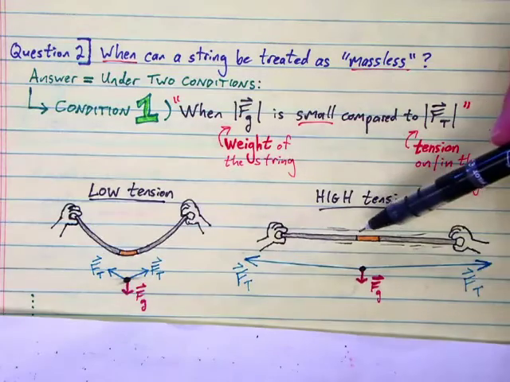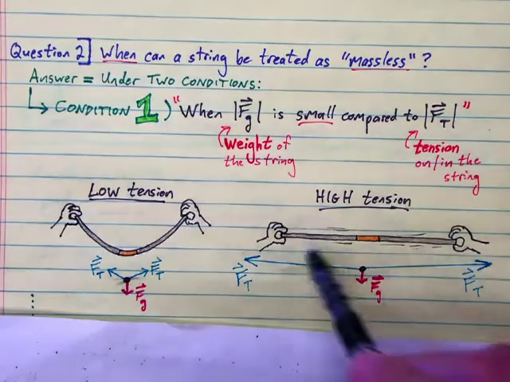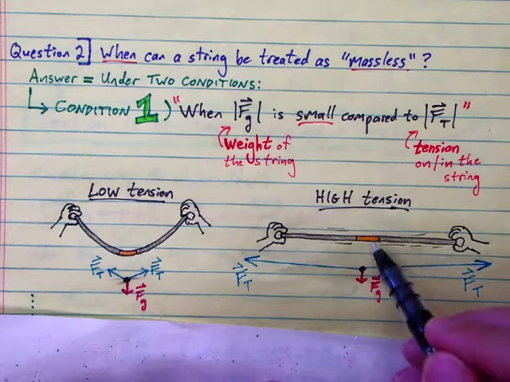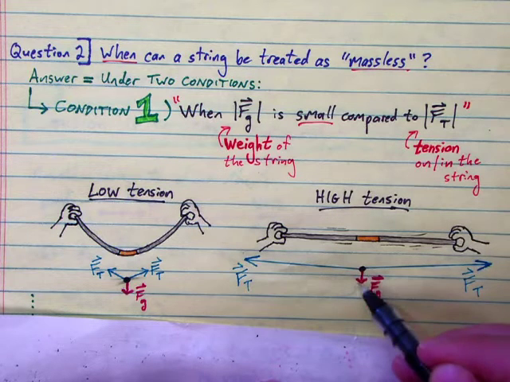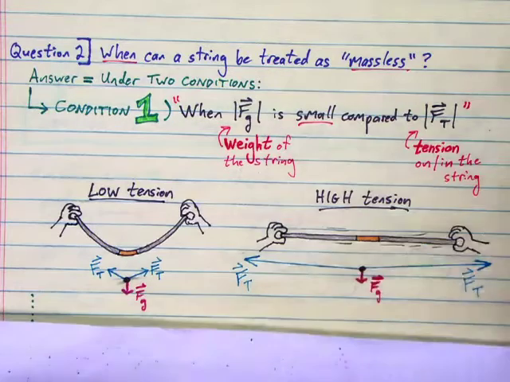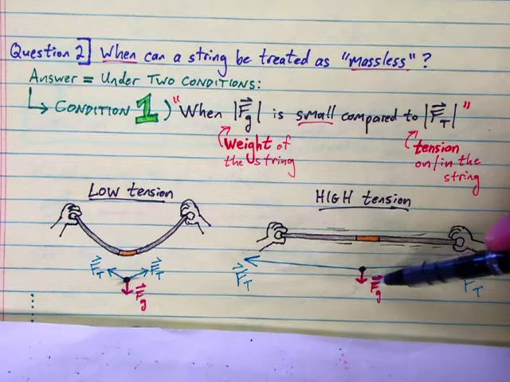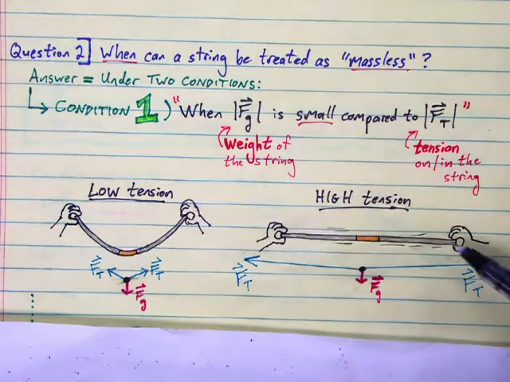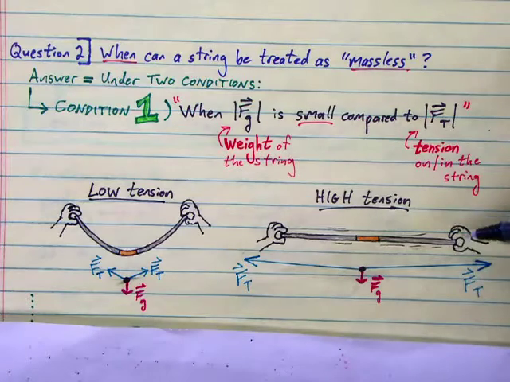But if we take that same string and pull it taut, so it's under high tension here, then on the free body diagram for this little segment in the middle, its weight is very small compared to these huge tension forces pulling on either side. So the force of gravity being negligibly small compared to the tension allows us to treat this string under these conditions using the massless string approximation.